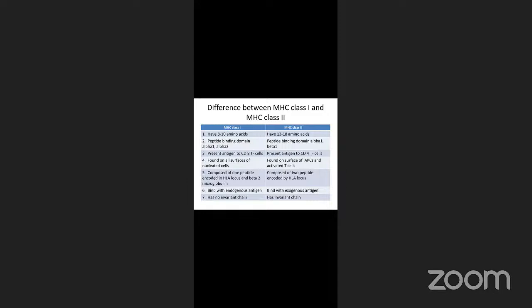These MHC molecules are of two types. They are not always present on the cell surface. Whenever our cell gets infected by a pathogen or parasite, whether it is an endogenous or exogenous antigen, our cell's MHC molecules collect those antigens.